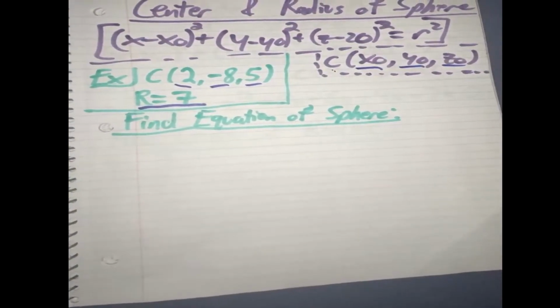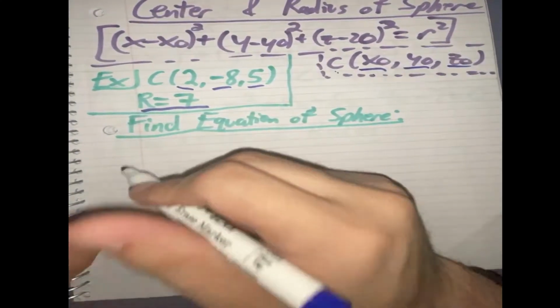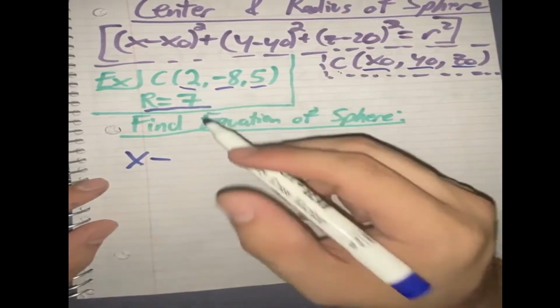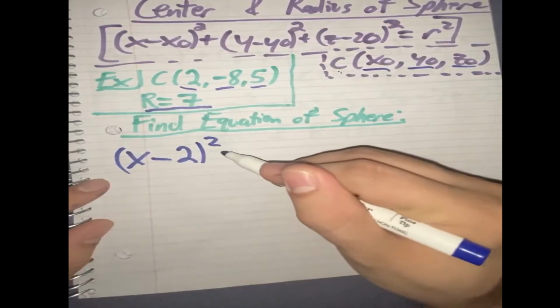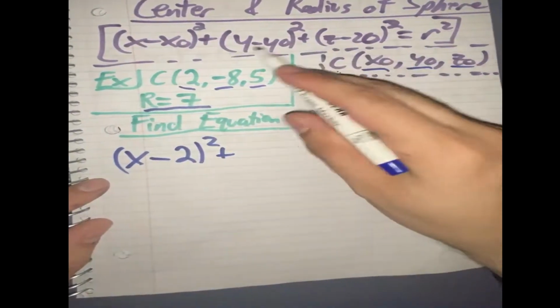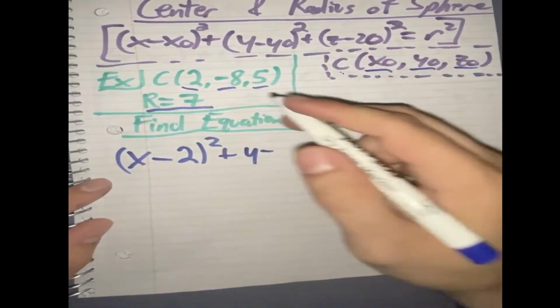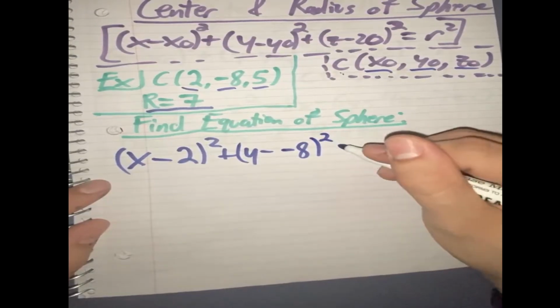So now the next step is to plug them into this formula right here. So we get x minus x naught. What's our x naught? It's 2, so minus 2 squared, plus y minus y naught squared. So y minus, what's our y naught? It's minus 8, so minus minus 8 squared.